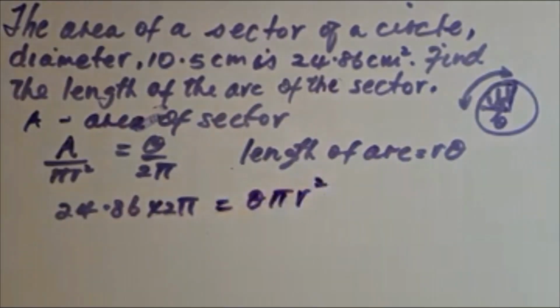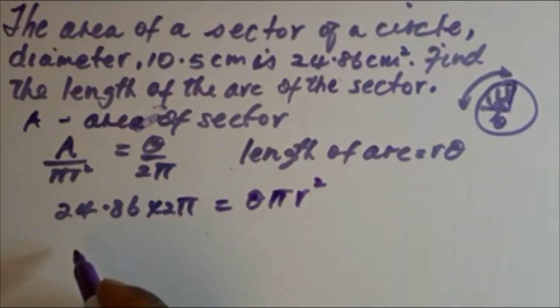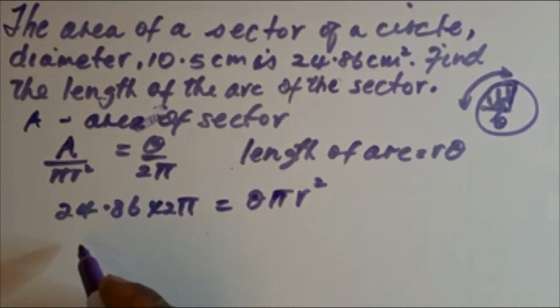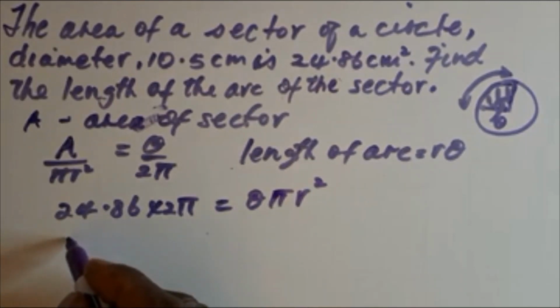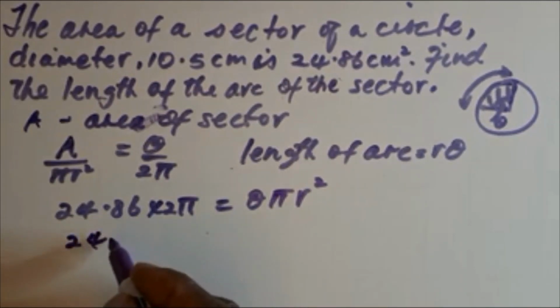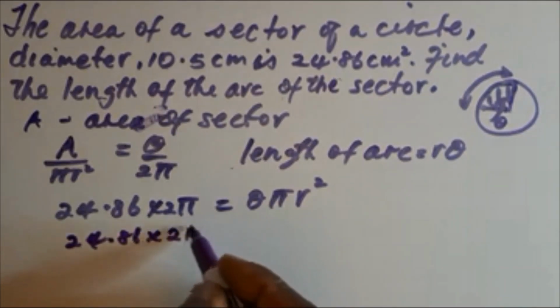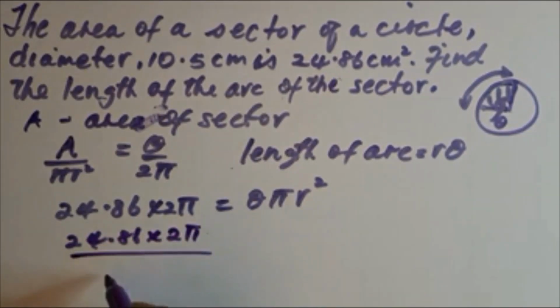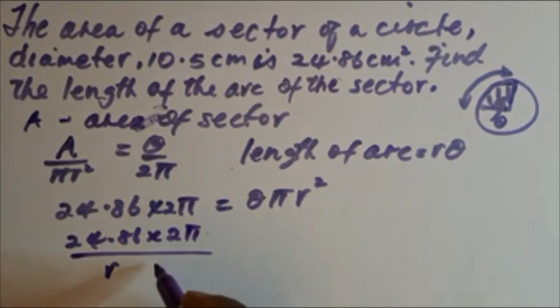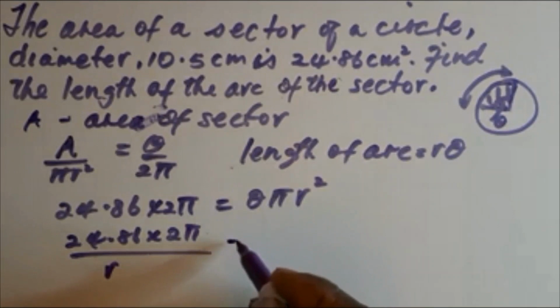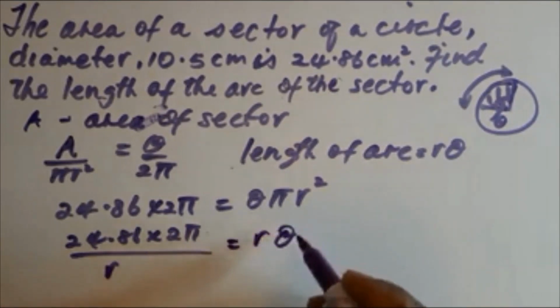But we want r theta, so we need to do a bit of rearrangement here. If we have now that 24.86 times 2 pi over r, that will give us r theta.